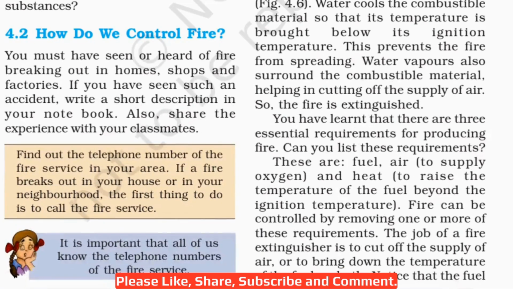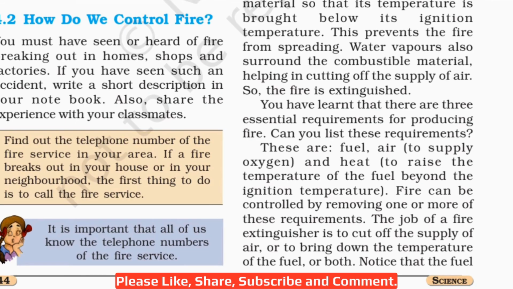So you have learned that there are three essential requirements for producing fire. Can you list these requirements? When we were discussing combustion, three factors were very important for a substance to burn. First was fuel, a combustible material, then air, the supply of oxygen, then heat. Heat to raise the temperature of the fuel beyond its ignition temperature. Then only will it burn.